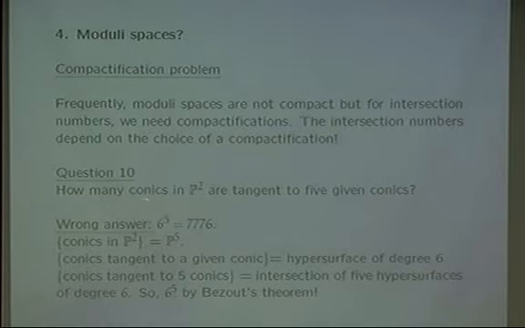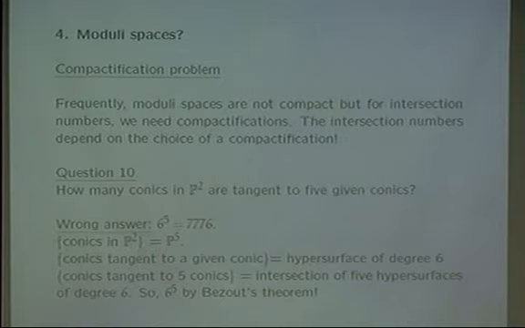Example: think about all possible conics tangent to 5 given conics. If you have 5 given conics in the plane, and you want a conic which is tangent to all of these 5. Historically, about 150 years ago, a mathematician gave an answer. The answer is 7776. His logic is this. If you think about all possible conics in P2, that's P5.